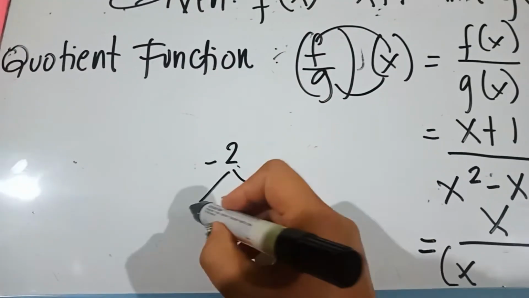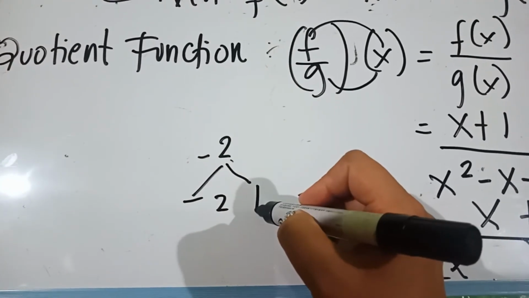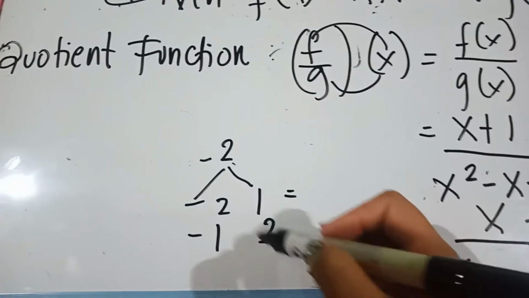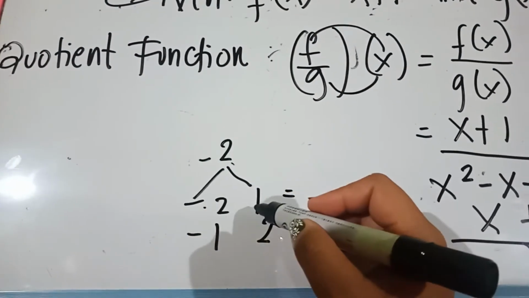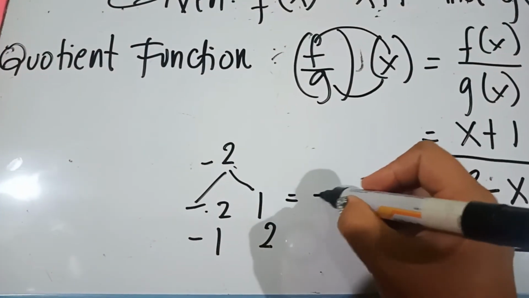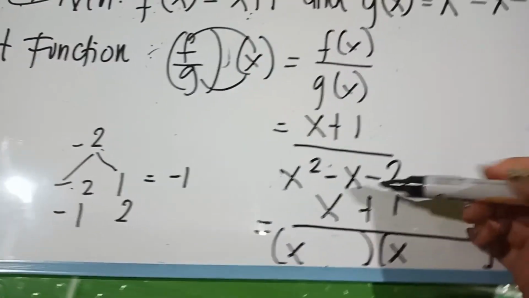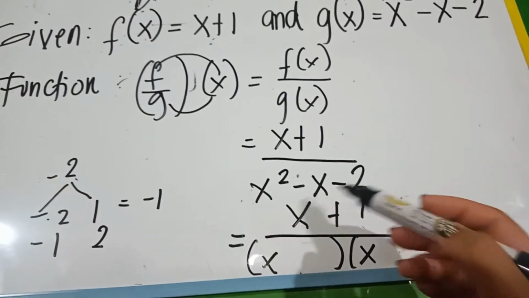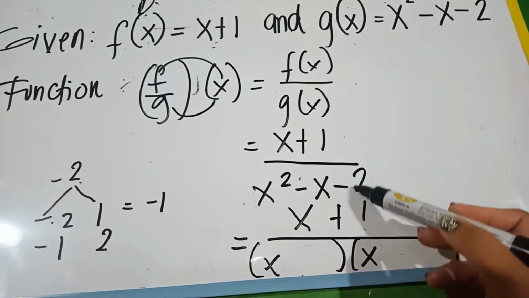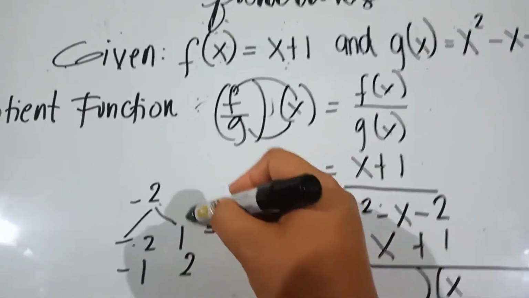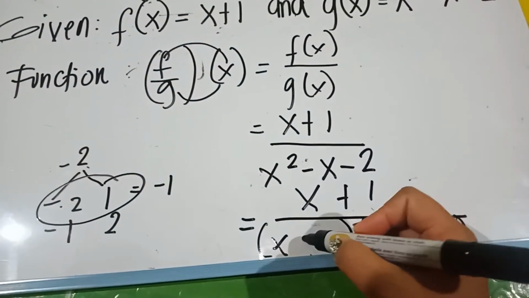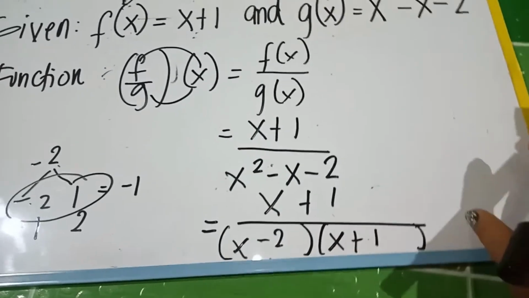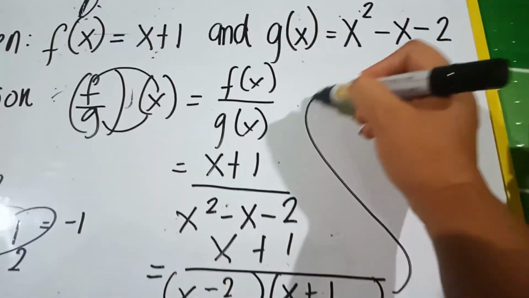That is negative 2 and positive 1. Pwede rin naman na negative 1, positive 2. So, kapag inadd natin to, negative 2 plus 1, that is equal to negative 1. So, makakapag-satisfy siya sa ating middle term. So, therefore, ang magiging factor ng x squared minus x minus 2 is x minus 2 times x plus 1. So, hindi pa yan yung ating final answer.